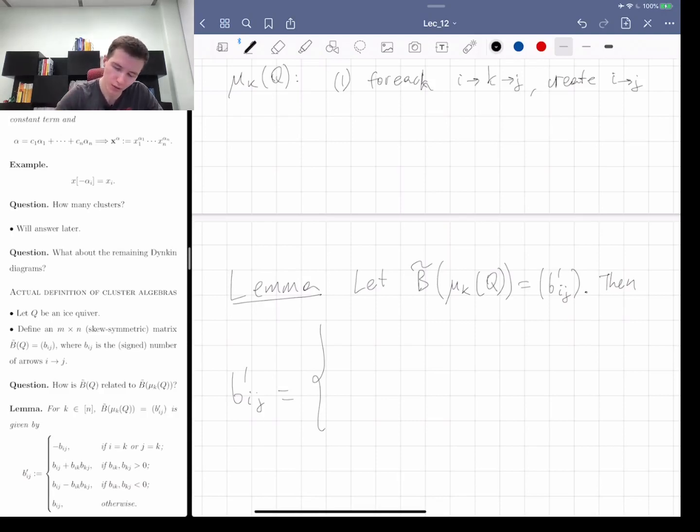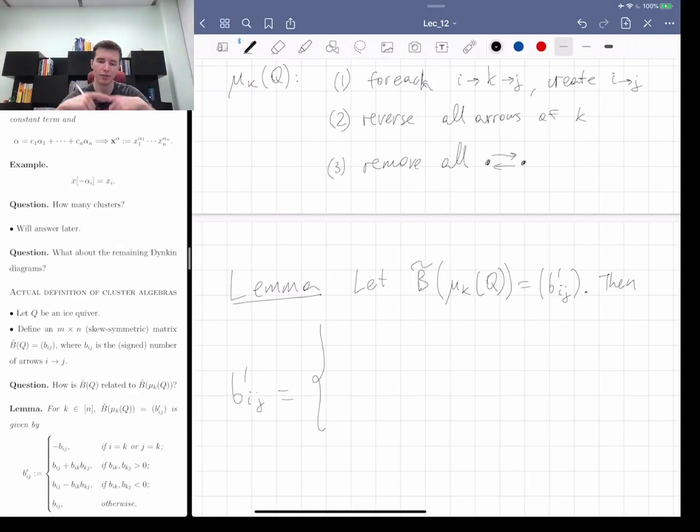So if you look at the 3 steps, the second step is you reverse all the arrows incident to k, and the third one is you remove all pairs of opposite arrows. So you just look at pairs of opposite arrows and you cancel them out, and that corresponds to subtracting bij, anyways, whatever.